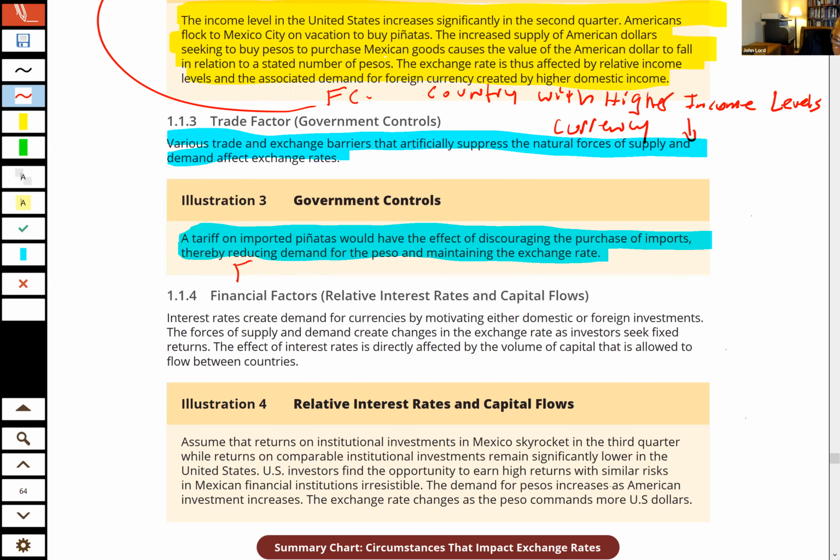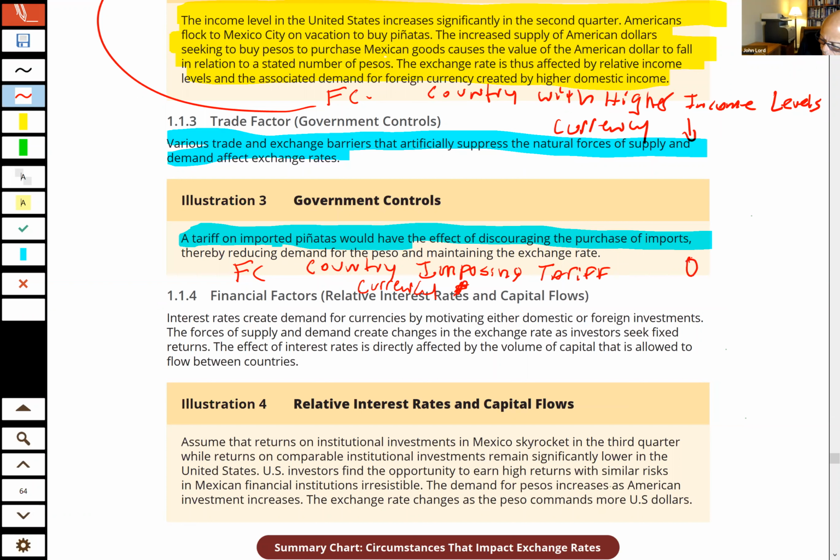And so you can go ahead and flashcard that: the country imposing the tariff, their currency is going to be up.